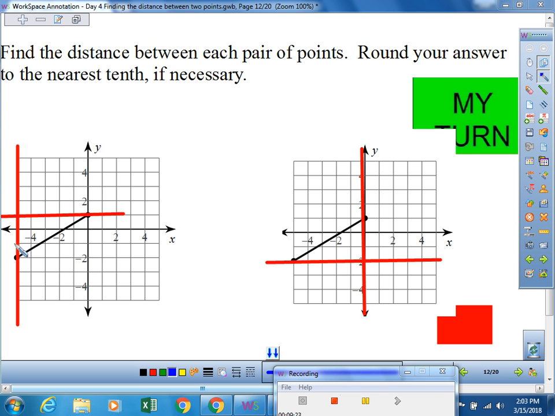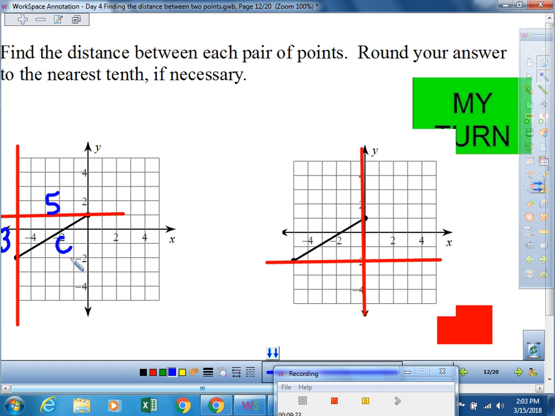Here are side A and B. Side A on this graph has a value of what? 3. So 1, 2, 3. And then side B would have a value of 5.